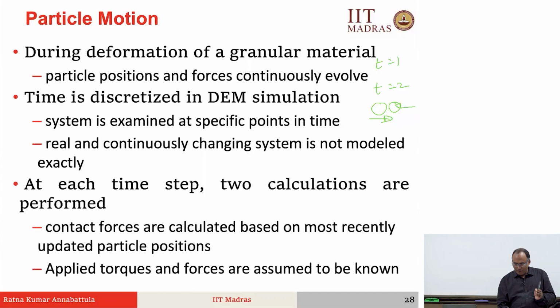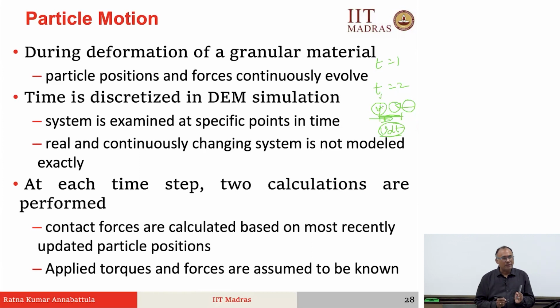So, if you have velocity this much, what will be the displacement in a delta t? V times delta t, right? If the value of V delta t is larger than this distance, for this particle, what will happen? In the next time step, you will see this particle here, correct?